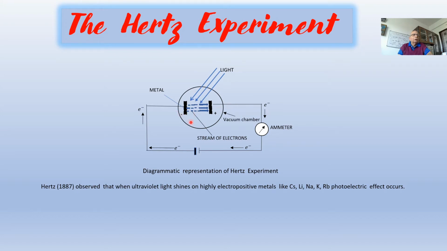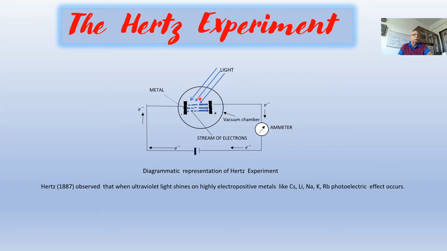A vacuum chamber was used where the discharge electrodes were present, and one serves as a cathode and the other serves as an anode. The positive terminal, as we know, is known as anode, and the negative is known as cathode.